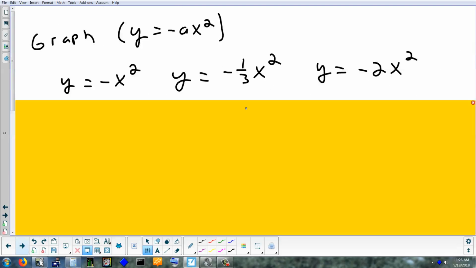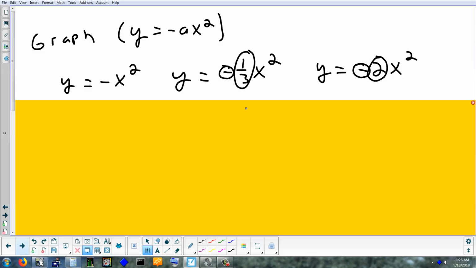So in the second one and the third one, there are two things happening. This is causing something to happen. This is causing something else to happen. That is causing a vertical stretch. That is causing a reflection. So you want to think of the negative and the number as two separate things.